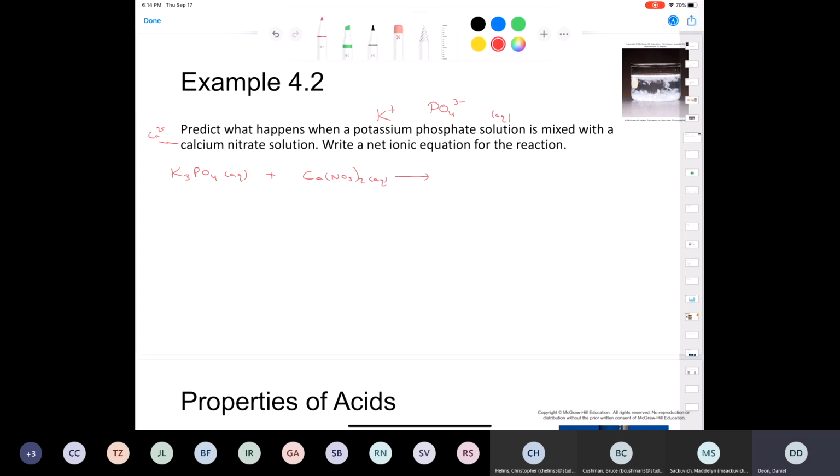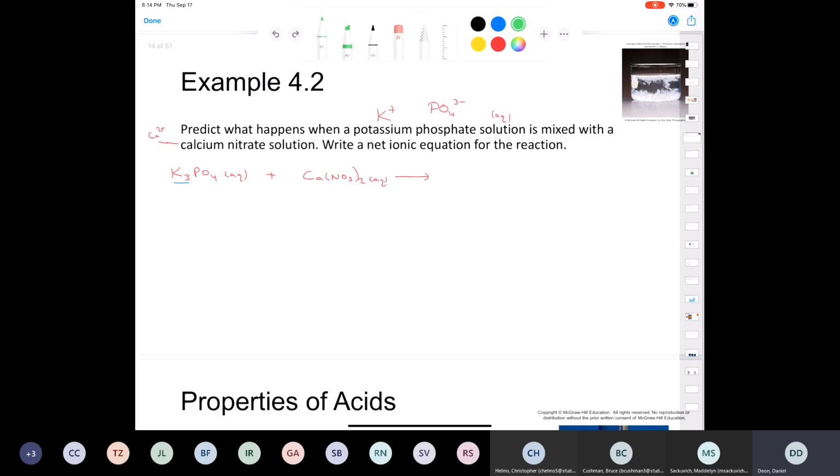Now we need to figure out what the products are. What are we going to do here? This is what's called a double replacement reaction or a double displacement reaction. We are going to swap the cations and swap the anions. That means potassium is going to go with nitrate and calcium is going to go with phosphate. So let's write those out.